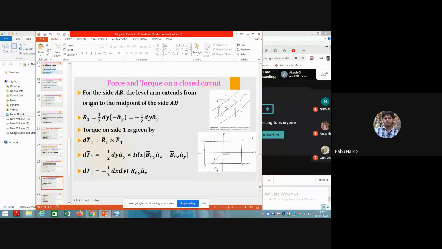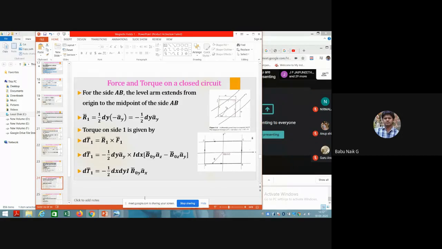This is the torque on the circular loop: the area of the rectangular closed wire is dx dy, and the current flowing through that wire produces a torque on the y-axis in the x direction.